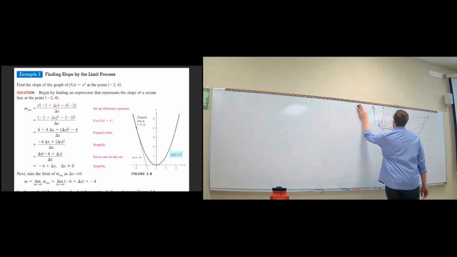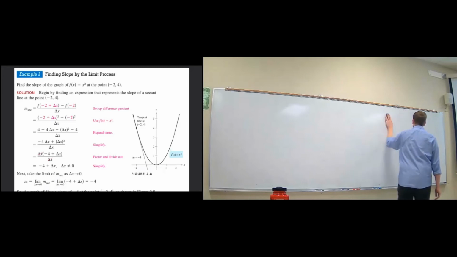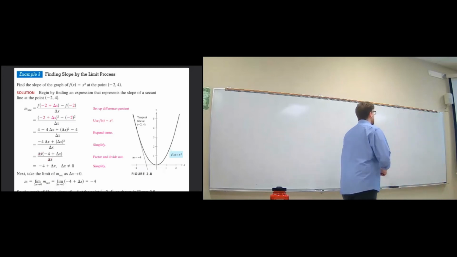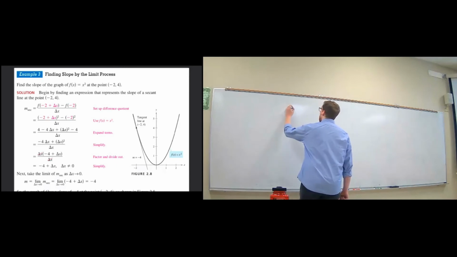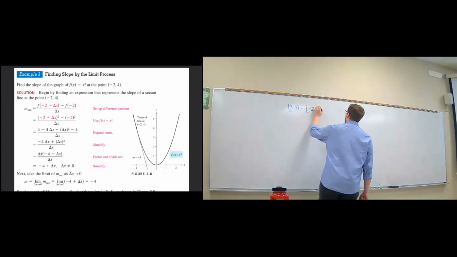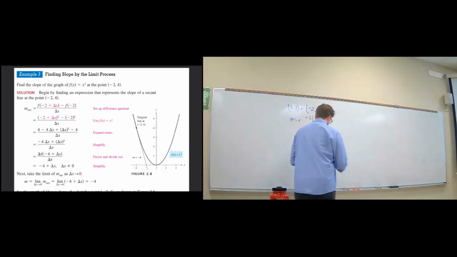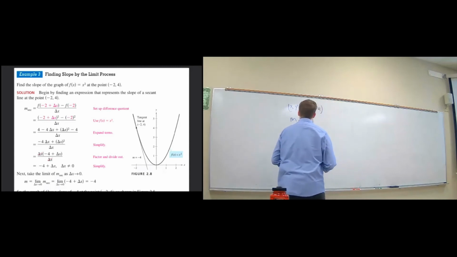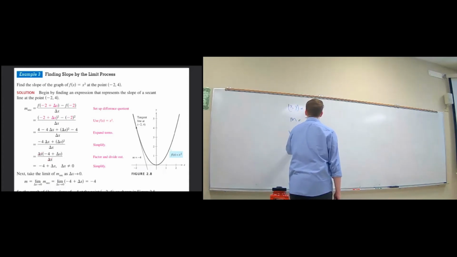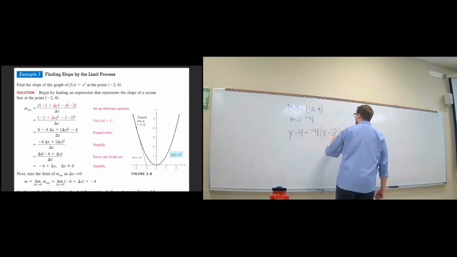All right, so we've got the slope. Now let's find the equation of that line. So we're going to use the point -2, 4. We know our slope is -4. So y minus 4 is equal to -4 times x minus -2.